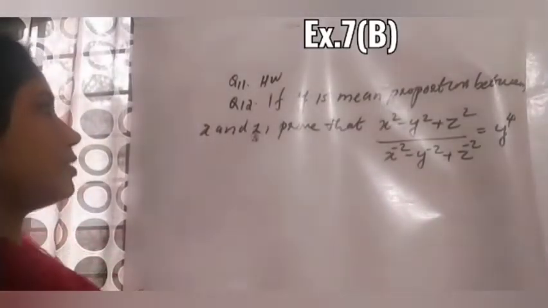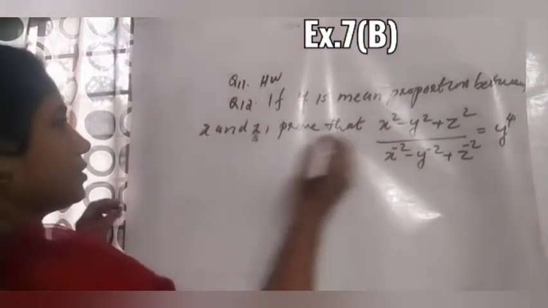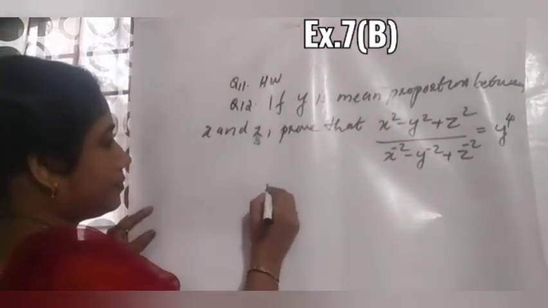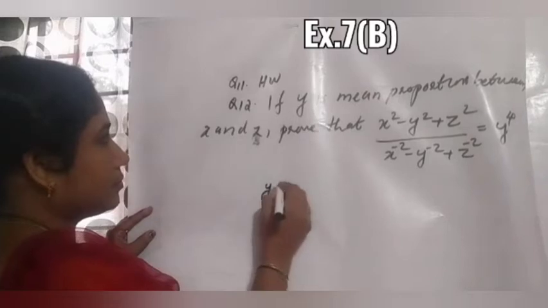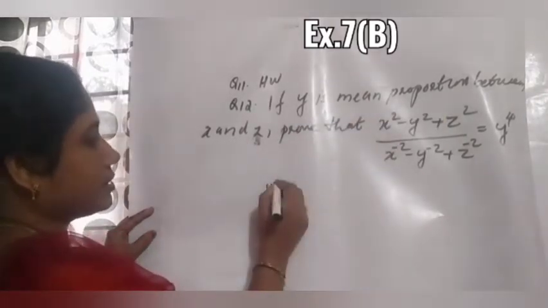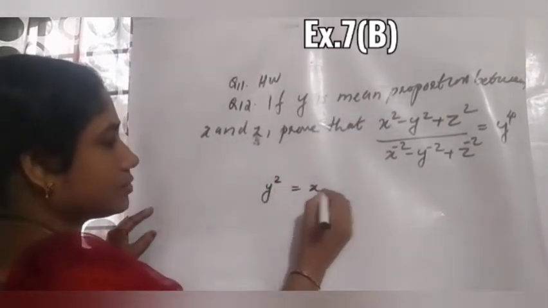Let us simplify this. y is the mean proportional between x and z, which implies y square equal to xz.